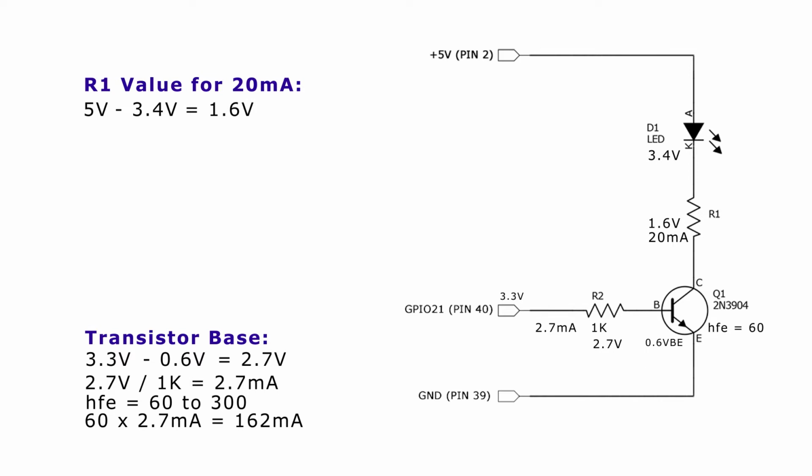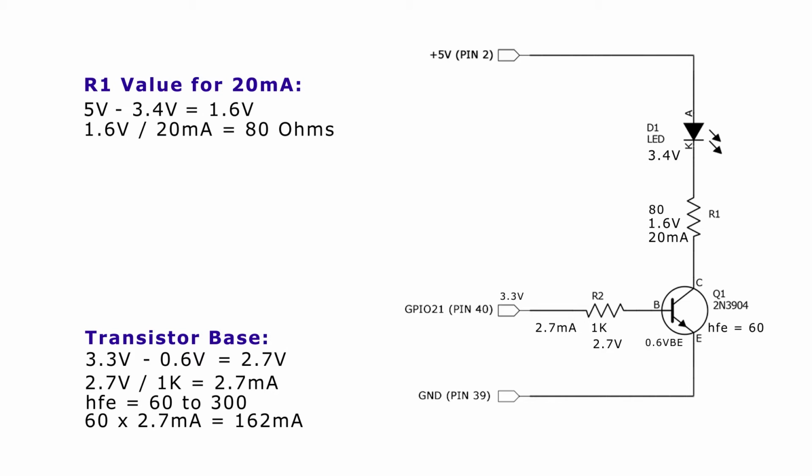Then we know we want 20 milliamps of current. So we take 1.6 volts and divide it by 20 milliamps, which is the same as saying 0.020, and that will give us a total of 80 ohms. So we want R1 to be an 80 ohm resistor to allow 20 milliamps to flow through our Blacklight LED.